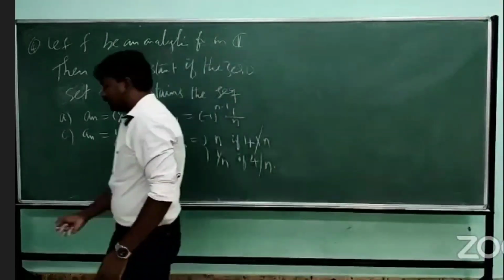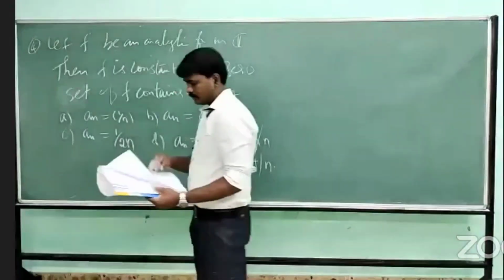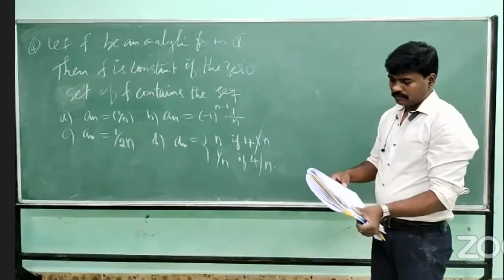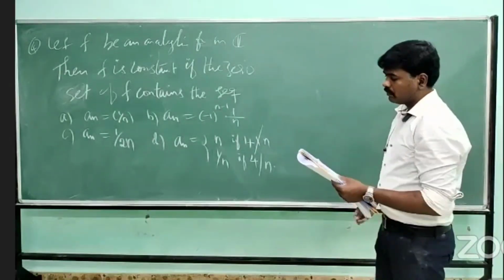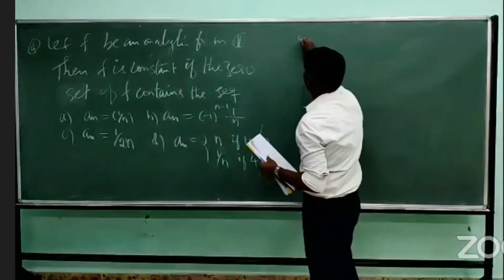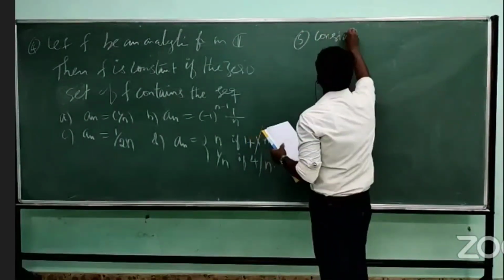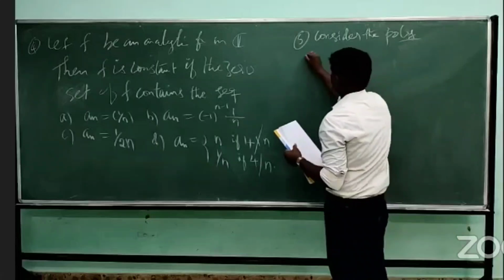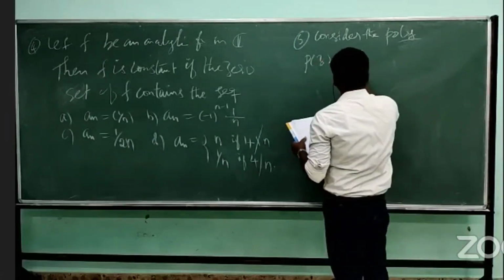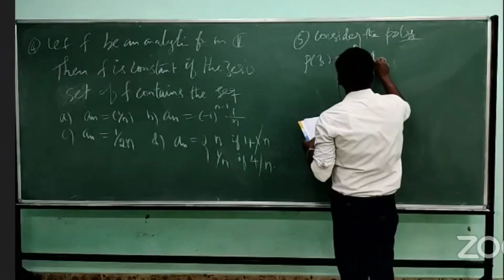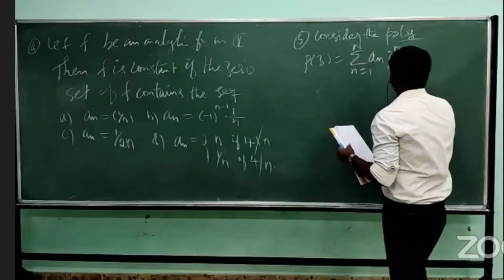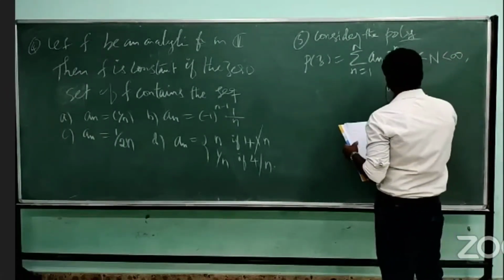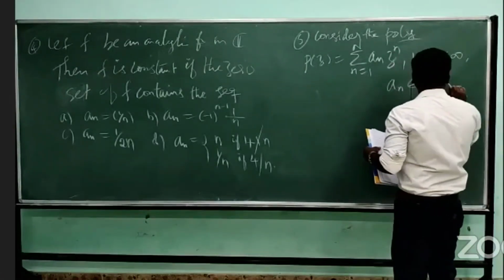I will write another problem here. Consider the polynomial P(z) equal to the summation from n equal to 1 to infinity of a_n z^n, where a_n belongs to R removed 0.